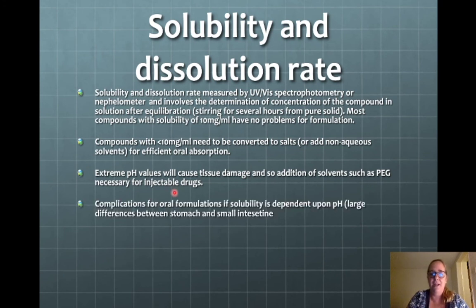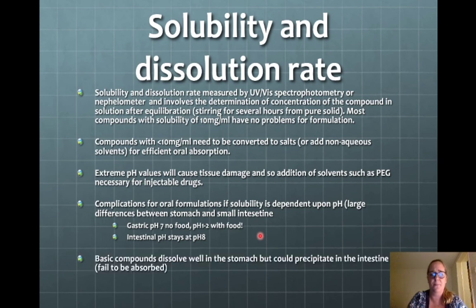There may be complications of the oral formulation, so if solubility is dependent upon pH, there are large differences between the stomach and intestine. For example, the gastric pH is 7 when there's no food. When there is food, there's a pH of 1 to 2. The intestinal pH always stays at pH 8.